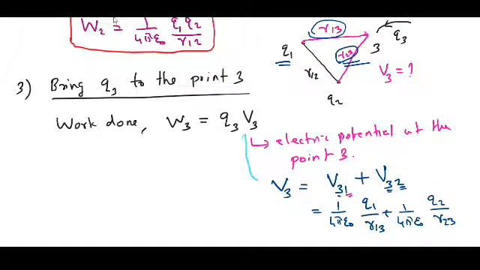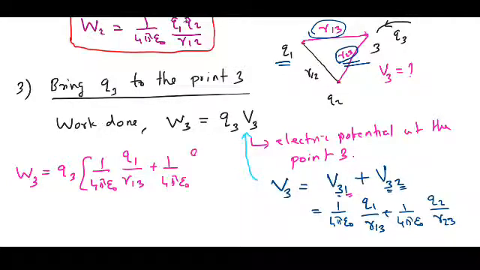We have to replace V3 by this expression. Therefore, our W3 is equal to Q3 into 1 by 4 pi epsilon 0 Q1 by R13 plus 1 by 4 pi epsilon 0 Q2 by R23.